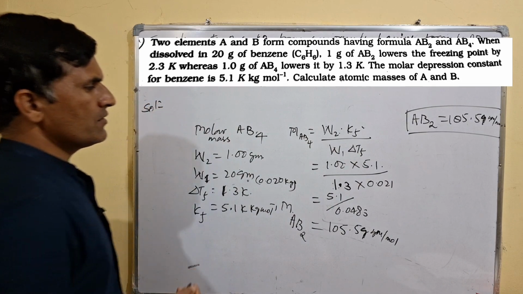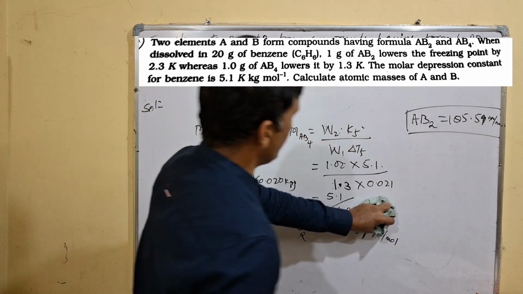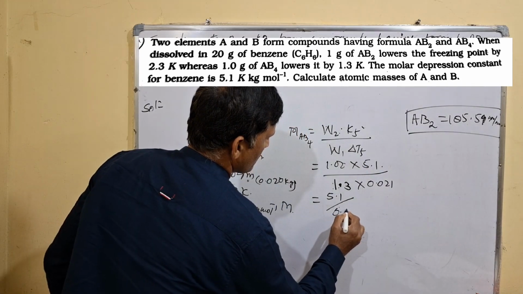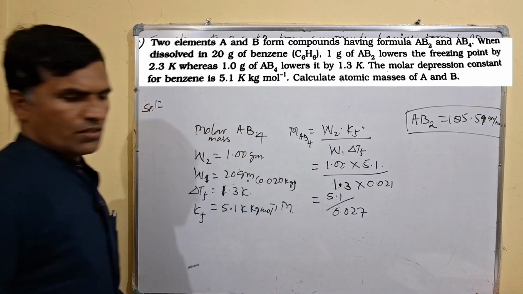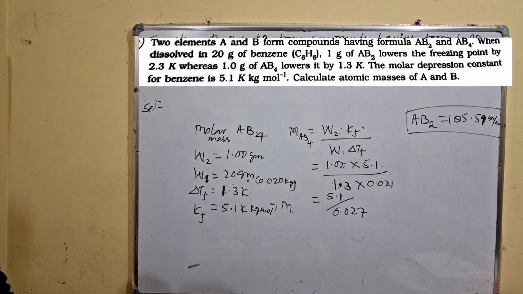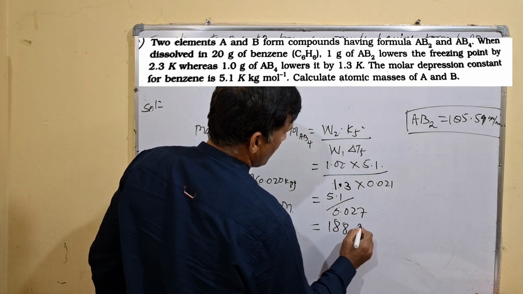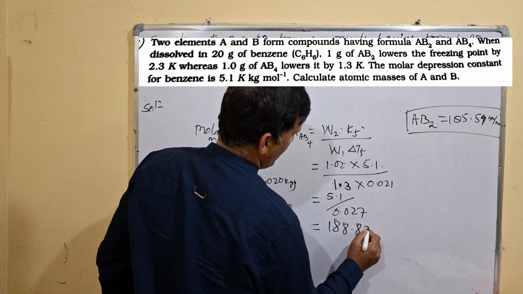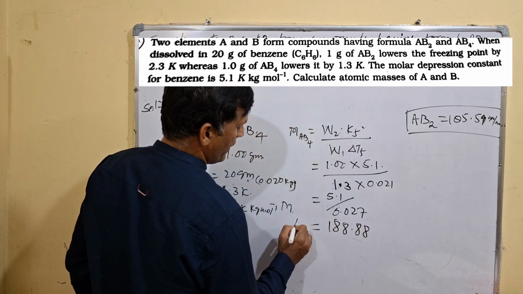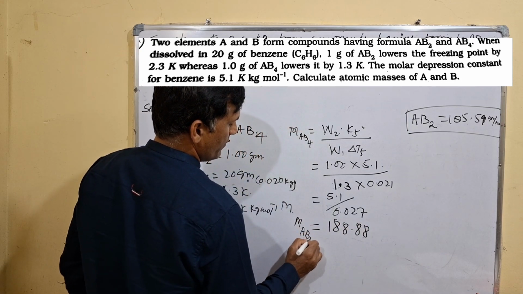So when it is 1.3, you will be getting 0.027 and the molar mass as 188.88 as the molar mass of AB4.